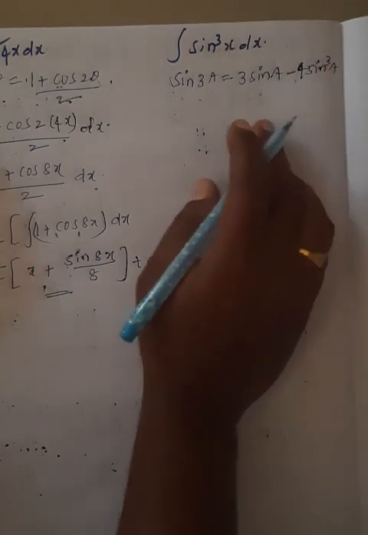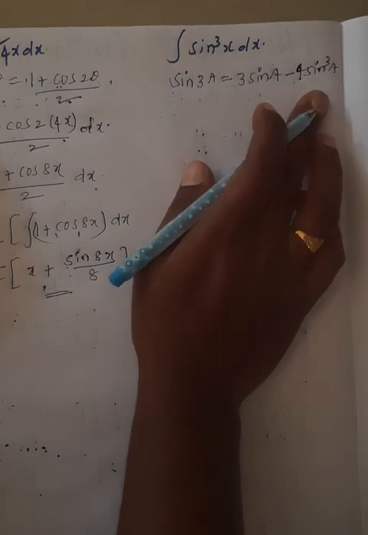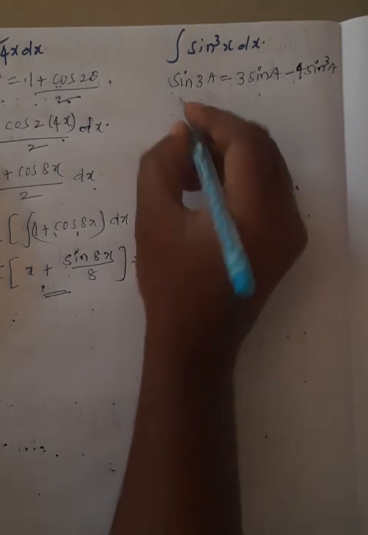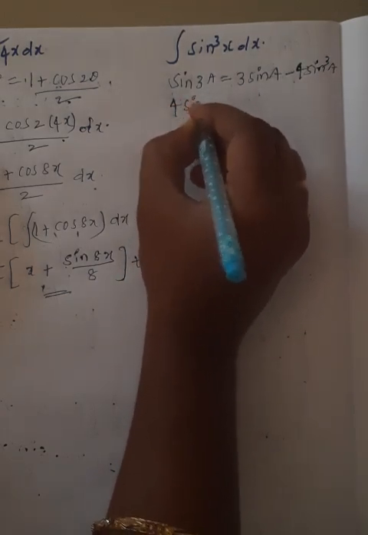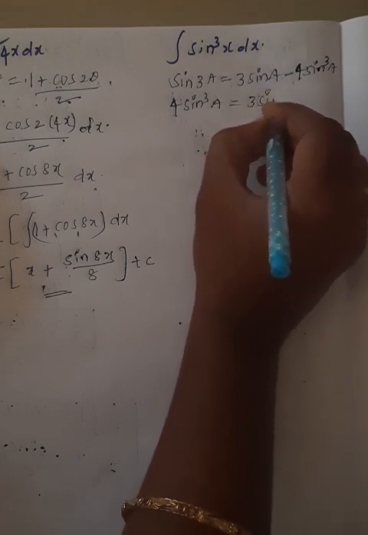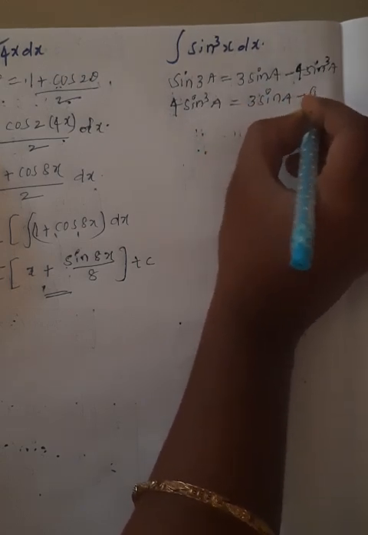From this we can write 4 sin cube a to the left side and sin 3a to the right side. It will become 4 sin cube a is equal to 3 sin a minus sin 3a.